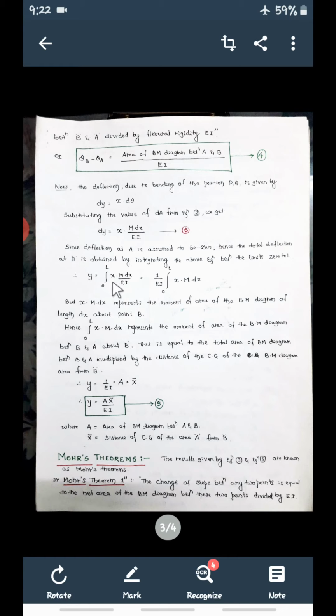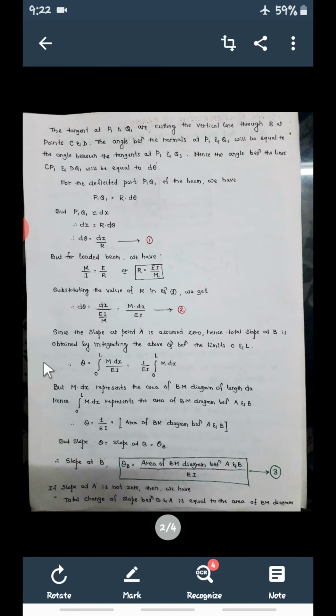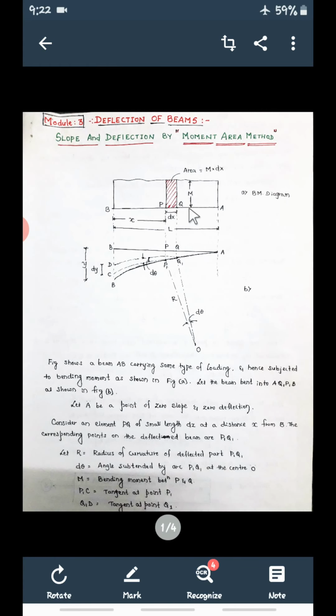what is remaining? Integration 0 to L of x into m dx. But what is x into m dx? So what is m dx? M into dx is the area of this portion.